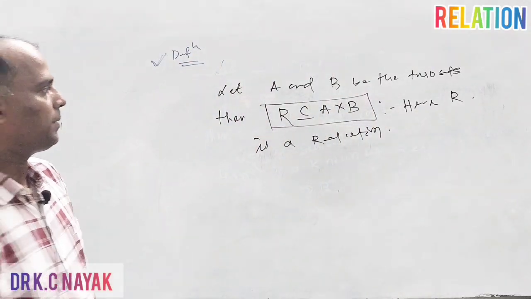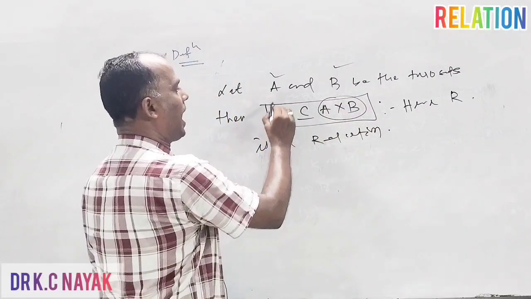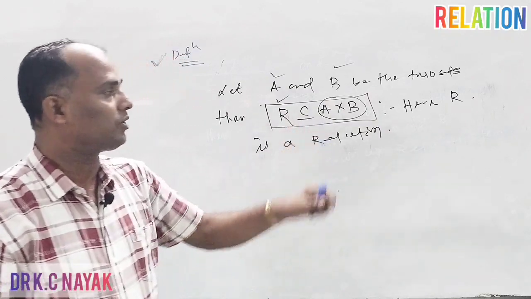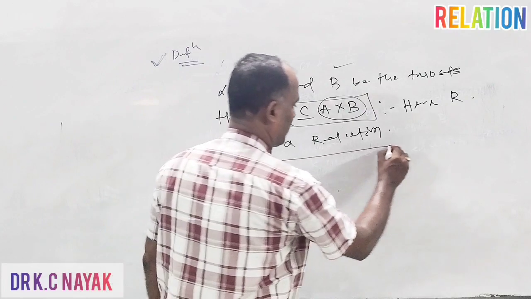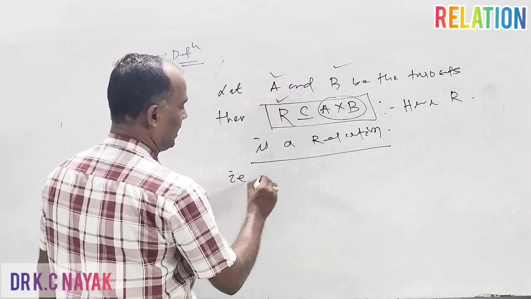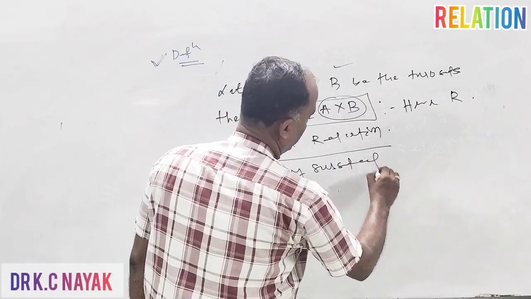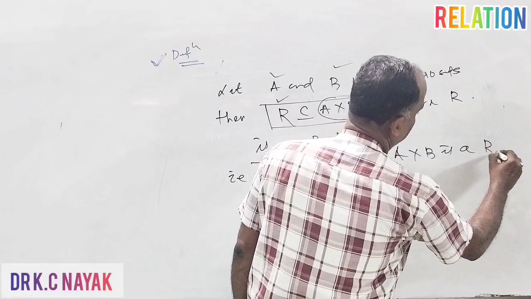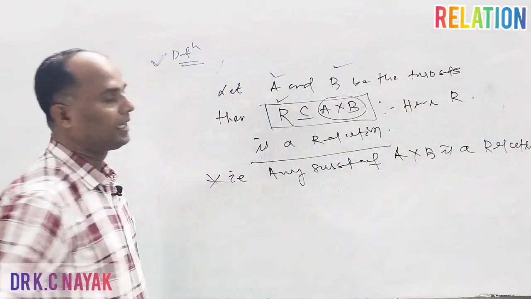Just you see, if A and B are two sets, then we develop A cross B. If R is any set and R is a subset of A cross B, then R is known as a relation. That means any subset of A cross B is a relation.